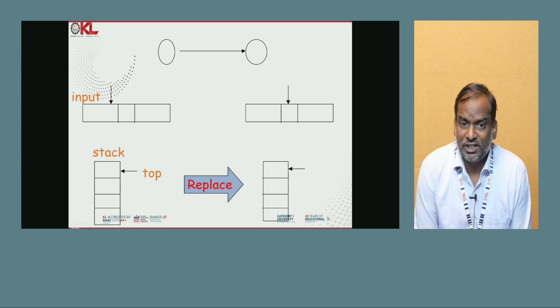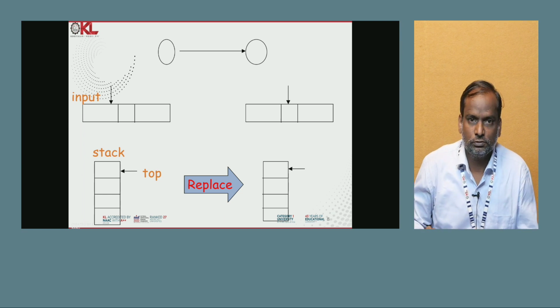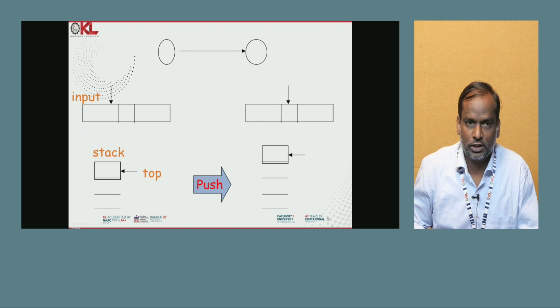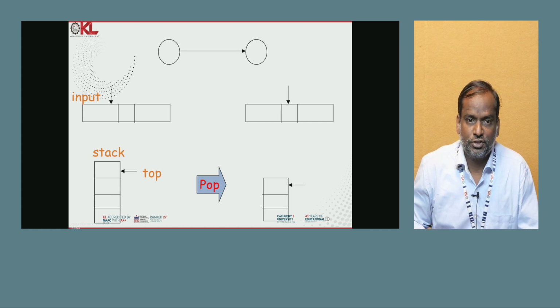Then it replaces the top of the stack with new stack symbols. It pushes symbols into the stack by considering the top of the stack and the current input symbol.